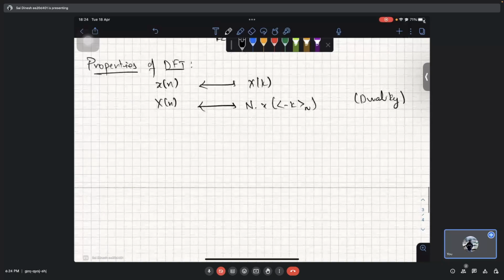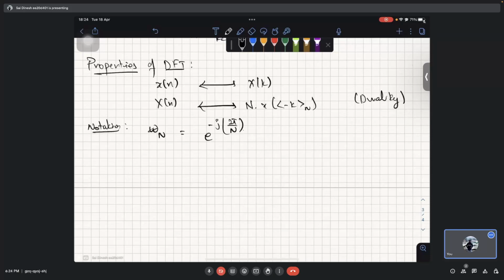Okay, and then second is shift. Another notation is W_N equal to e power minus j 2 pi by N. So this is one notation, W_N.